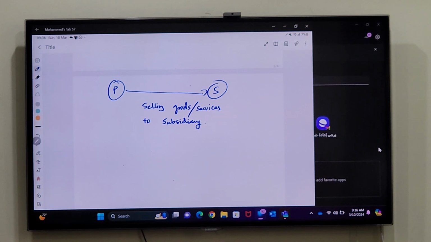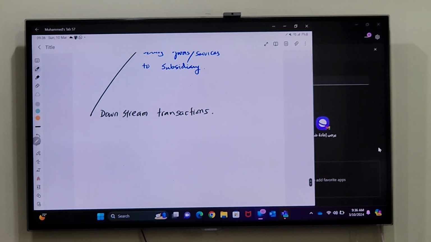When the parent is selling goods to the subsidiary, this arrangement has a special name. We name it downstream transactions. It's coming from top to bottom, parent to subsidiary. So it's a downstream transaction.